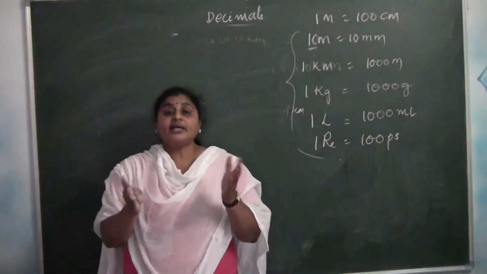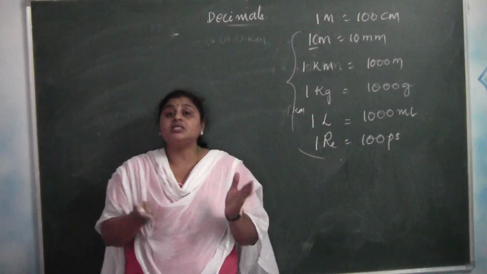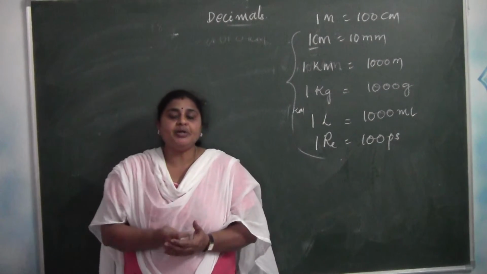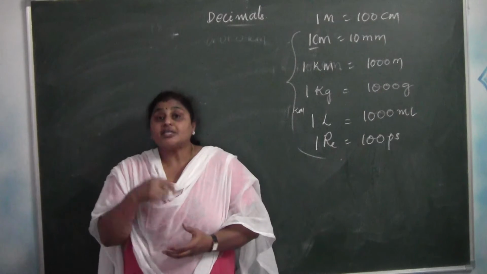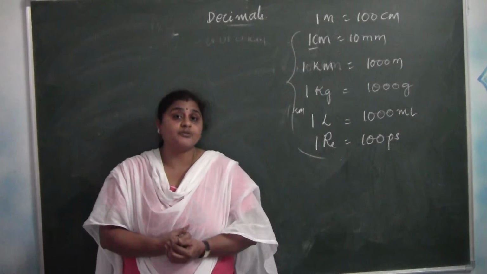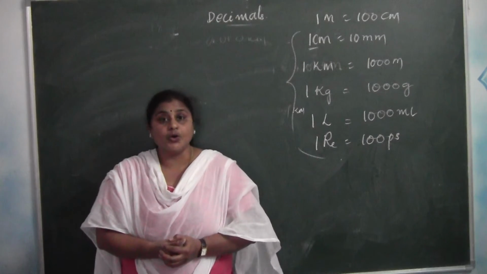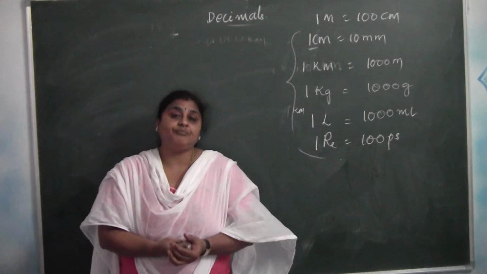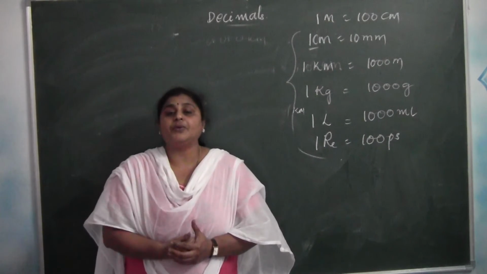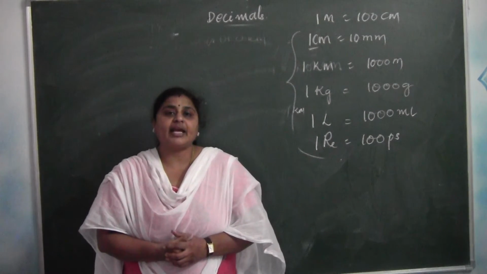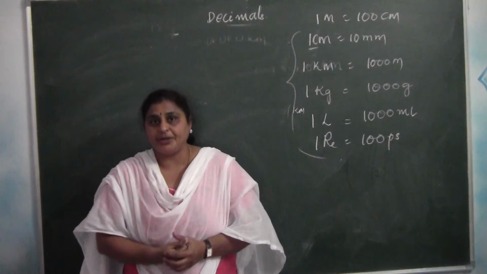I mean to say 1 kilometer is 1000 meters and 1 kilogram is 1000 grams. So you people try to express grams in terms of kilograms using the decimal point on your own, so that if you come across any tough thing or any doubt, do reach me so that I can make you understand with a few more examples in another video.